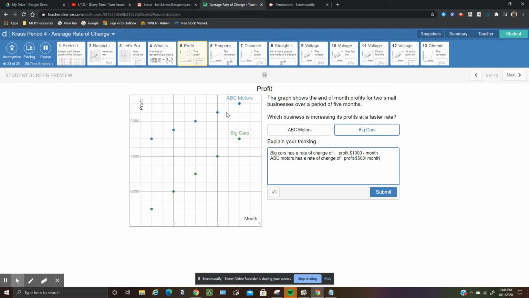Each tick marker, each grid line on the X is half a month. So 2 of these make up 1 month. So this is 1 month run, and the rise is $500. So ABC Motors has a rate of change of $500 per month, and Big Cars has a profit of $1,000 per month. So Big Cars is increasing profits faster.